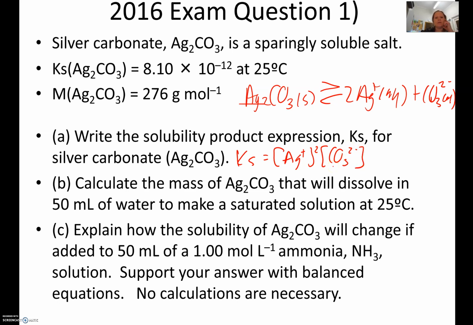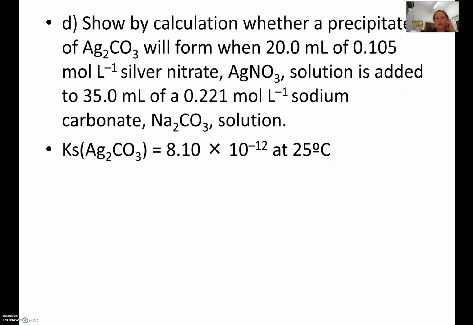So that's your KS. Now it says calculate the mass of silver carbonate that will dissolve in 50 mils of water to make a saturated solution. So for this one here, they've given you a KS. So what you actually have to do if they've given you a KS is solve for solubility, which is X. And once you've got a concentration, we know that we can relate a concentration to a mass using the molar mass.